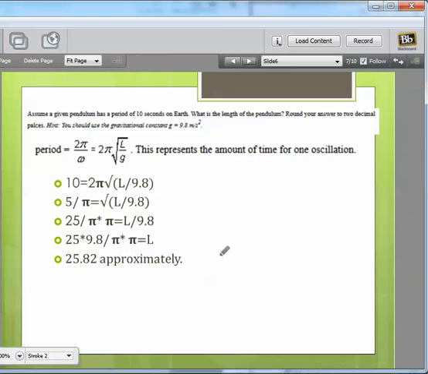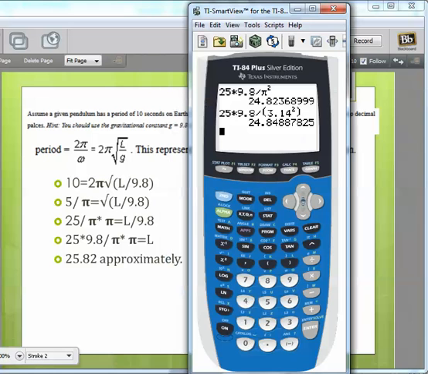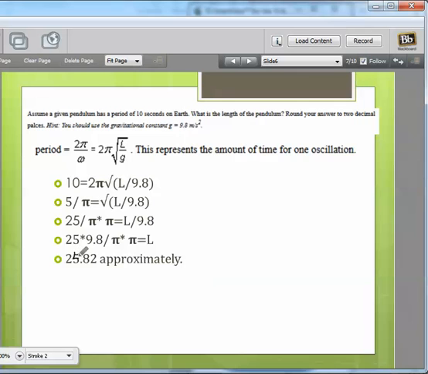24.82. Could it be 24.845 in between there somewhere?